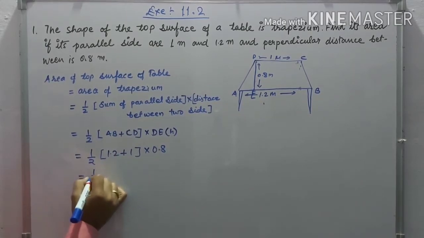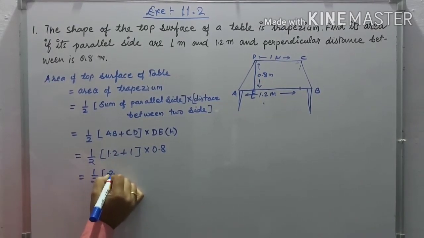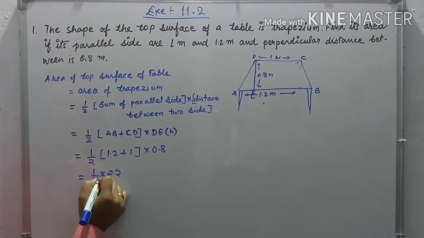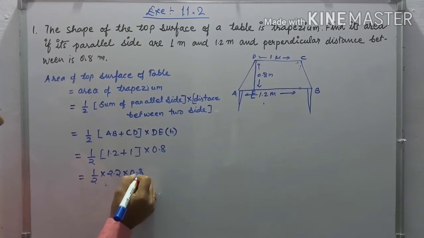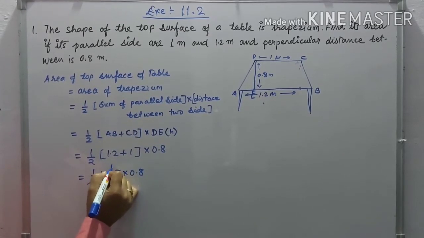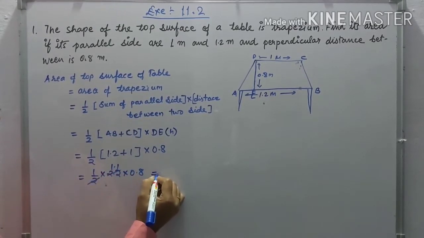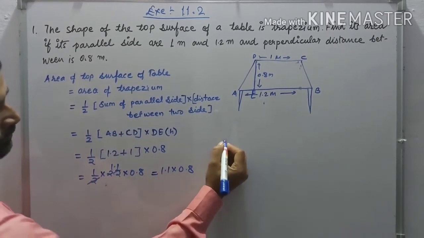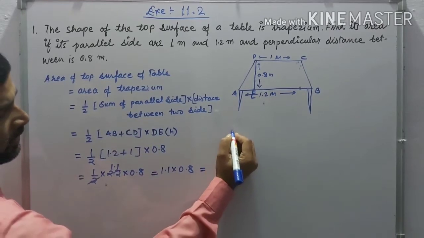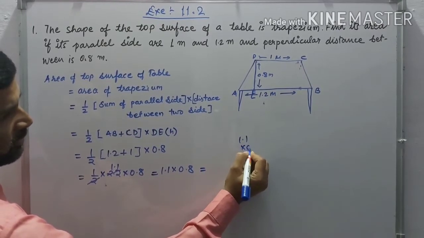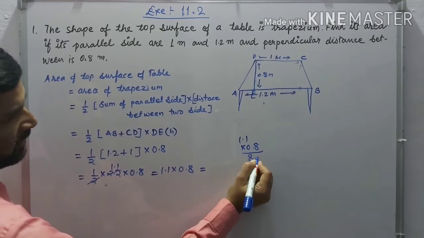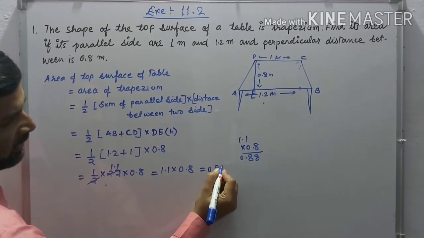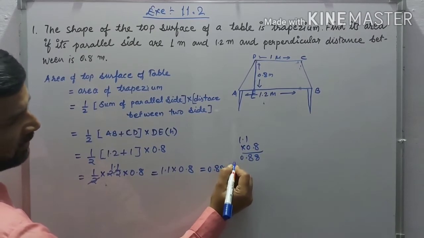After the addition, 1/2 into 2.2 into 0.8. 1.2 and 1 is 2.2, and after calculation 1.1 multiplied by 0.8 is 0.88 meter square.